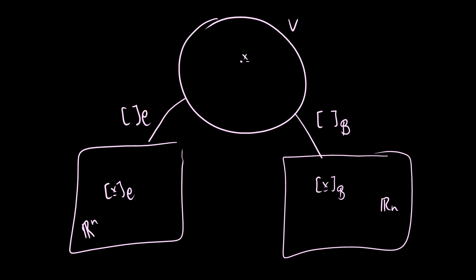So what we can do now is, instead of having to go back to the vector space V, then to the basis C, we can just go straight by taking the change of basis matrix from B to C. So this is kind of a general picture of what exactly is going on here.